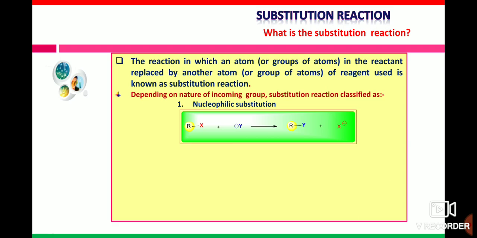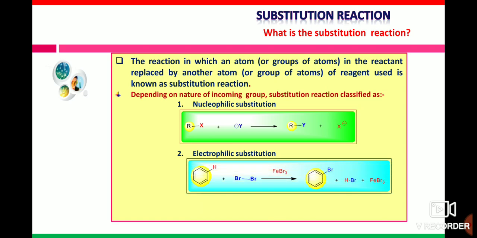to give the substitution product. Then consider the second type of substitution reaction, electrophilic substitution reaction. The substitution reaction in which the atom or group in the substrate is replaced by a positively charged atom, that is an electrophile, to give the substitution product.